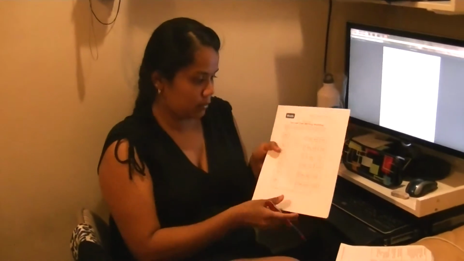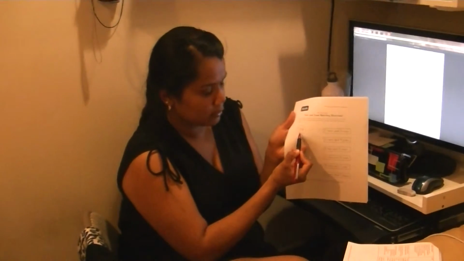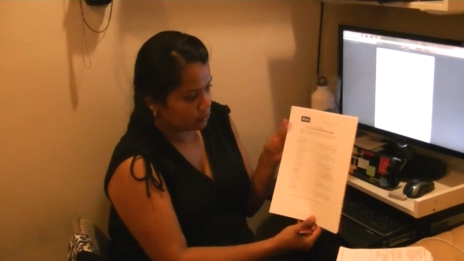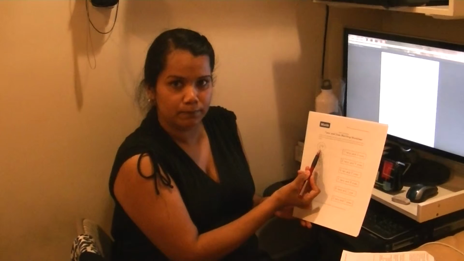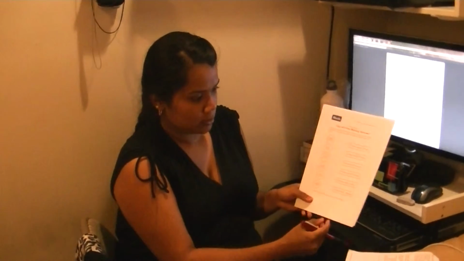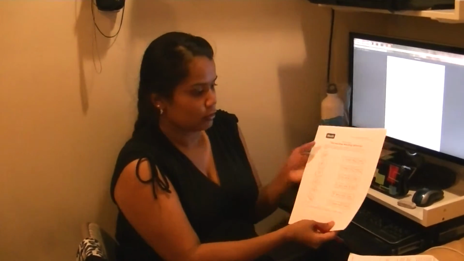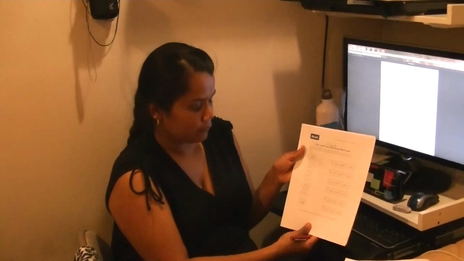Okay. So 29. We know that in 29, this is the ones place, this is the tens place. So 29, we look for 2 tens and 9 ones. And it's right here. It says 2 tens and 9 ones. So all we do is just draw a line from that to that.